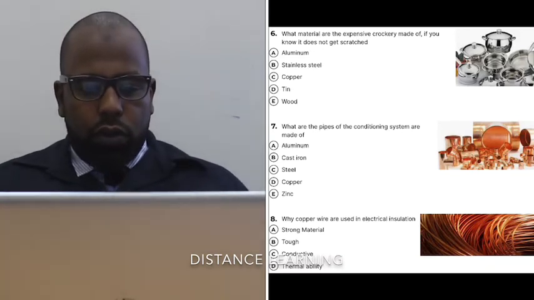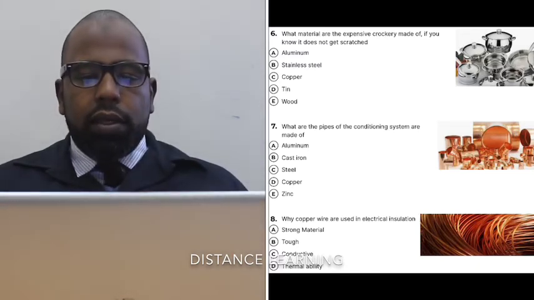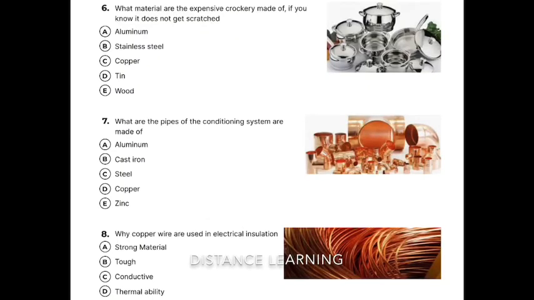Then talking about question number 7, what is the material the air conditioning pipes are made of? It is an alloy, some sort of copper alloy, mainly made of copper as the main ingredient, and maybe tin or zinc as alloying ingredients in the copper.